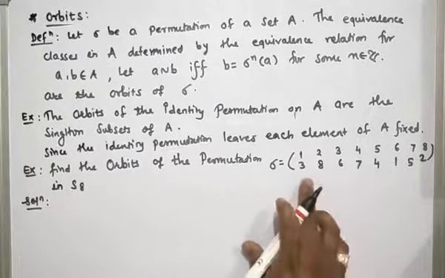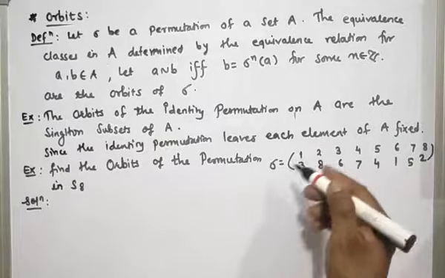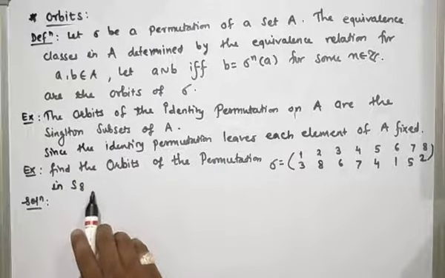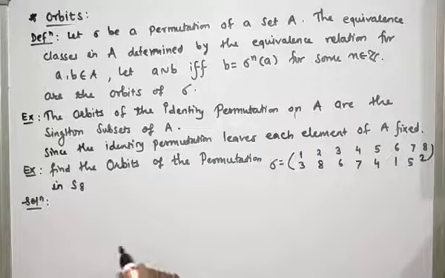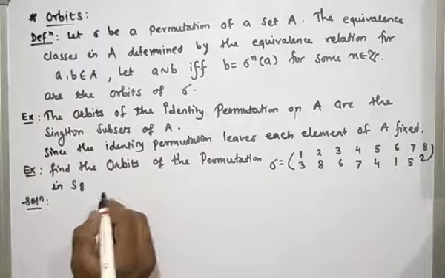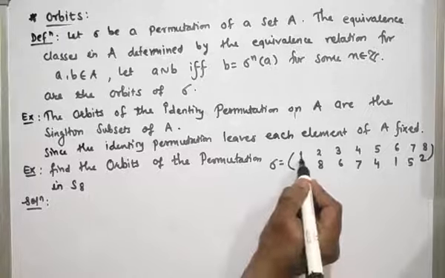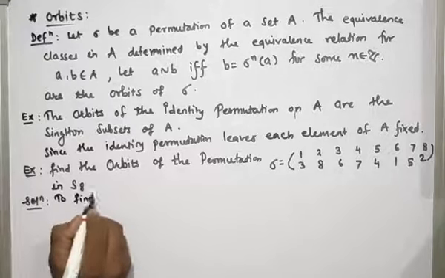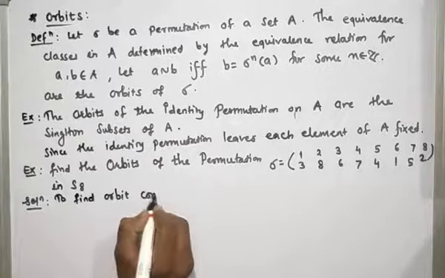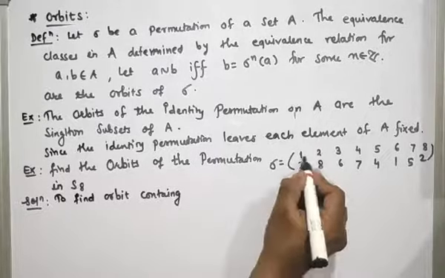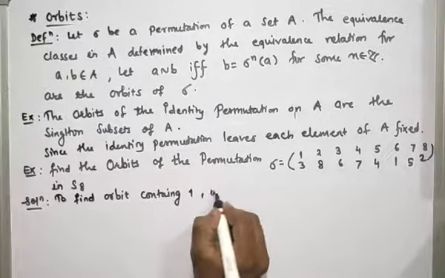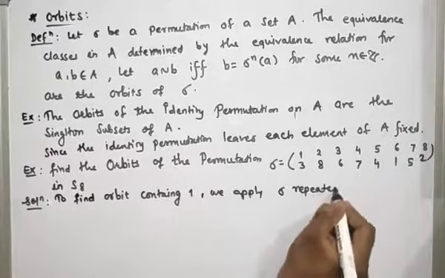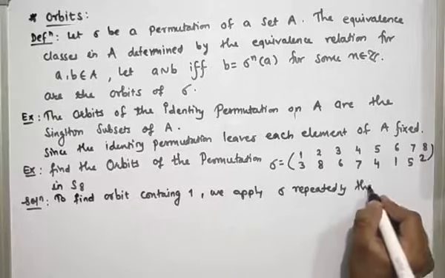So first we will start from 1, applying sigma n times. To find the orbit containing 1, we apply sigma repeatedly. Then what will we get?